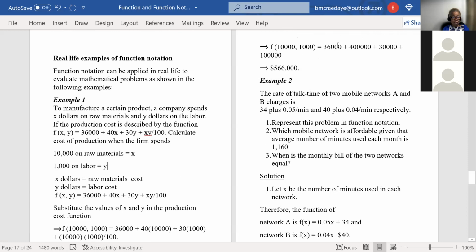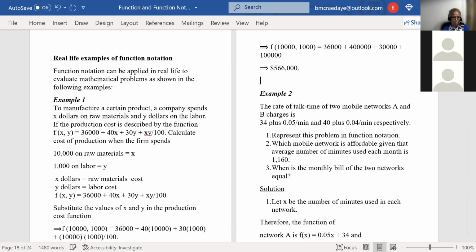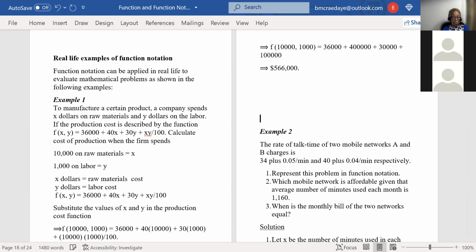So we add those up, 36,000 plus 400,000 plus 30,000 plus 100,000 gives you a total of 566,000. That would be what they call the production cost. So the 566,000 represents production cost. And production cost is given by this function right here.